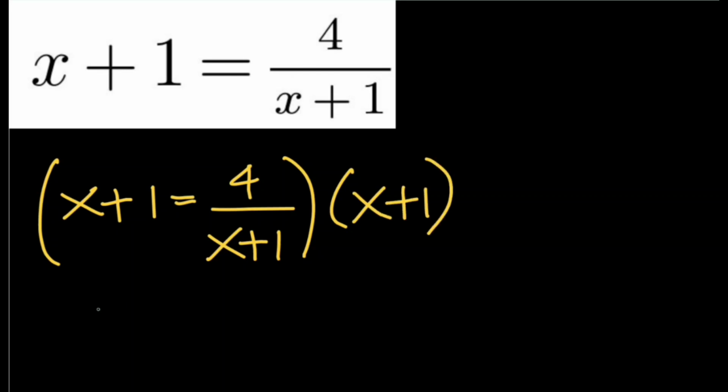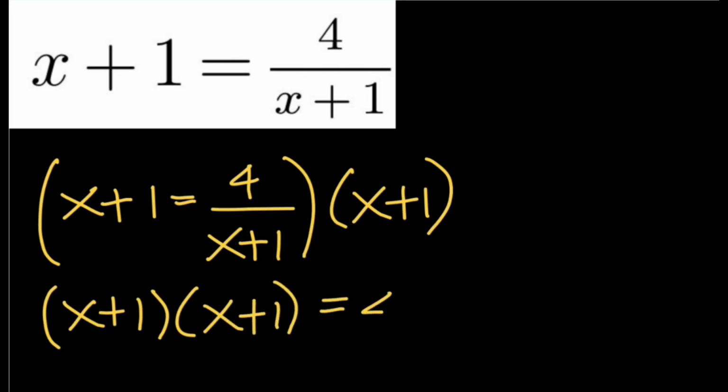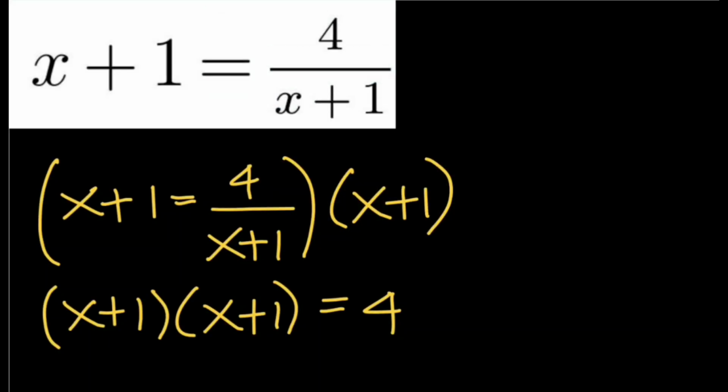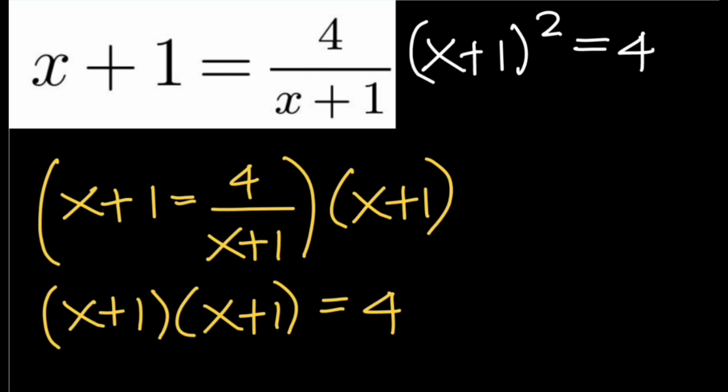Then this would become x plus 1 times x plus 1 equals 4. Notice here that x plus 1 is doubled, so we can write this as x plus 1 squared equals 4.